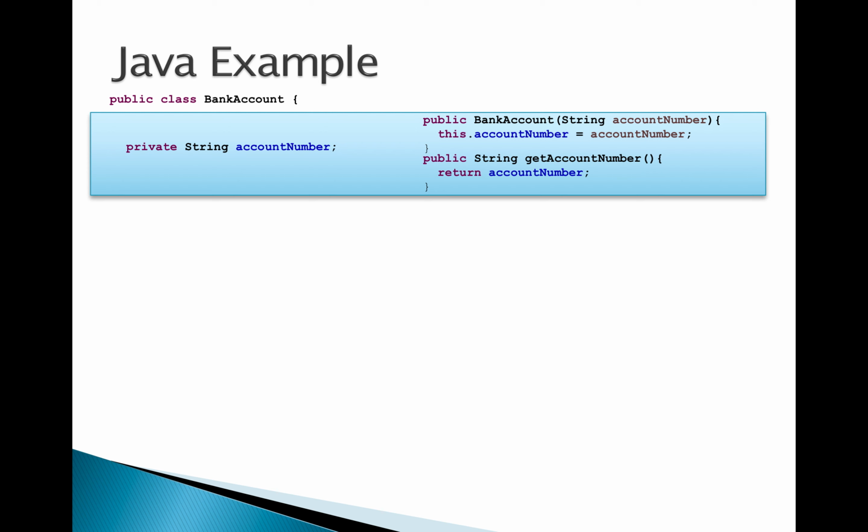But in future, if you want to write any control, any algorithm to access it, you can still do that. You can still write code inside this getAccountNumber method using if-else logic and prevent the data access. Whereas if you have given this access to everyone, you may not be able to write any code in future because you don't have the control of your data.